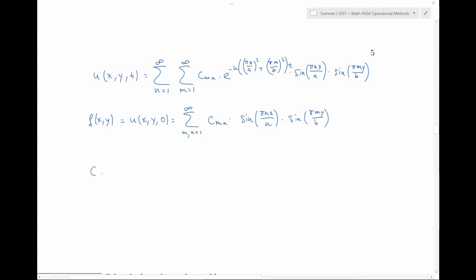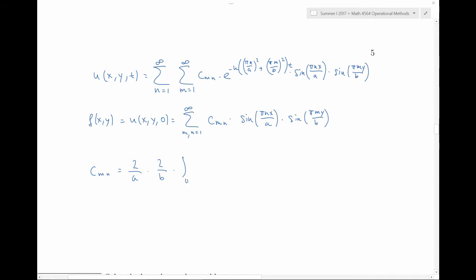If I want the constant Cmn, it is 2 over the length of the interval for the x dot product, which was a, times 2 over the length of the interval for the y dot product, which was b, multiplied by an integral.